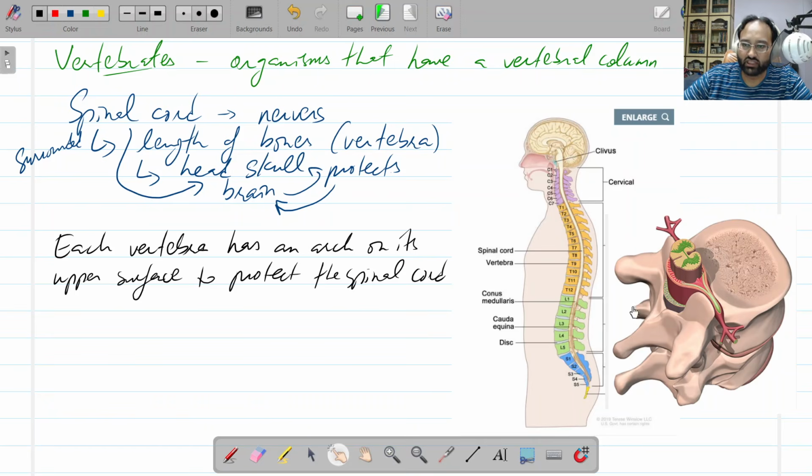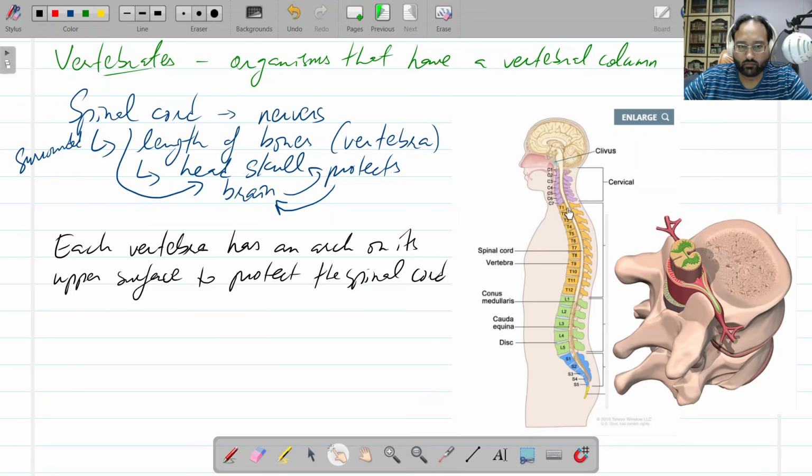And you see that they're in pieces. So this is one piece, then they've got the lower piece. They have this hollow channel through which the spinal cord passes. So this part at the back, this part at the front, the spiky part, this whole thing is a vertebra. Together, all the vertebrae make the vertebral column.